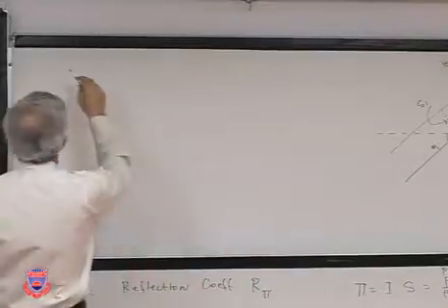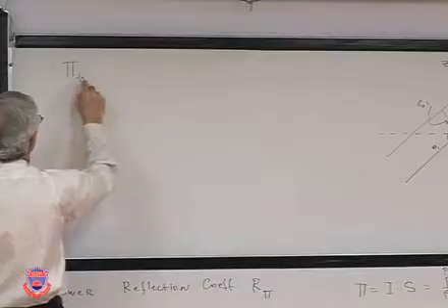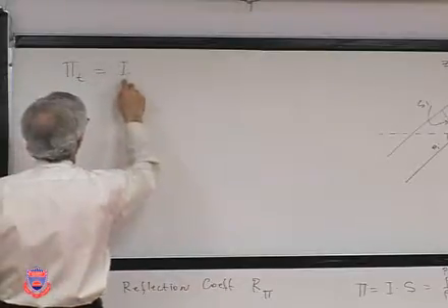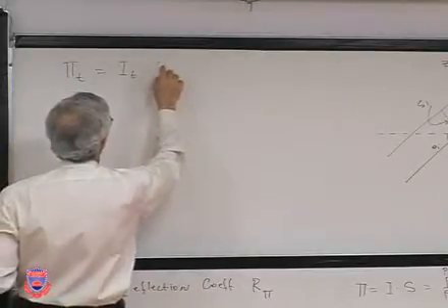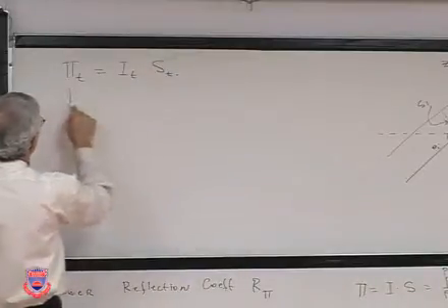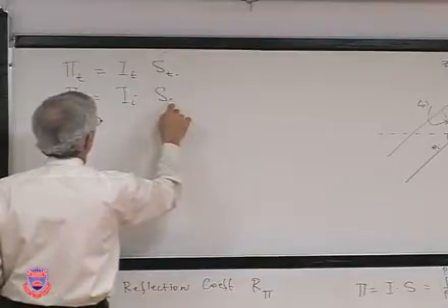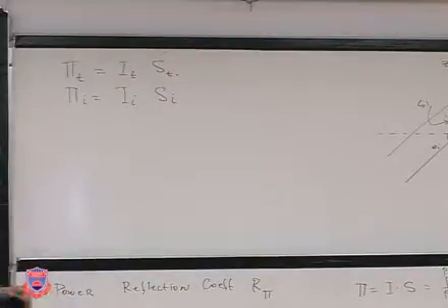If you remember now, power transmitted will be intensity transmitted times the area of transmission, and power incident is incident intensity times incident area.